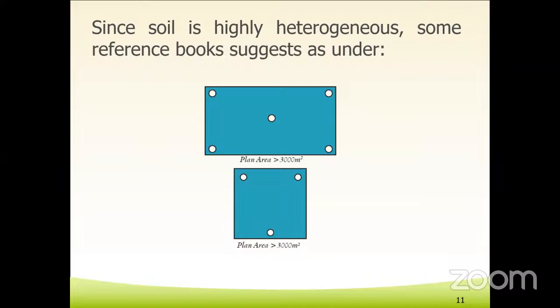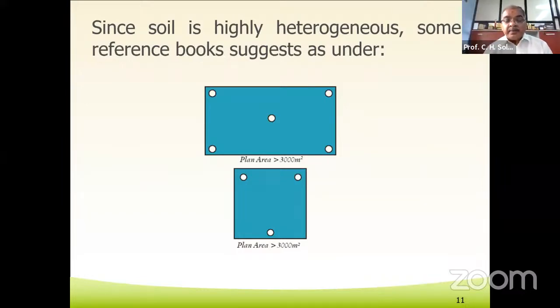Since soil is highly heterogeneous, some reference books suggest as under. Even in case of a plot area around 3,000 square meters, sometimes you may have to go for 5 boreholes.